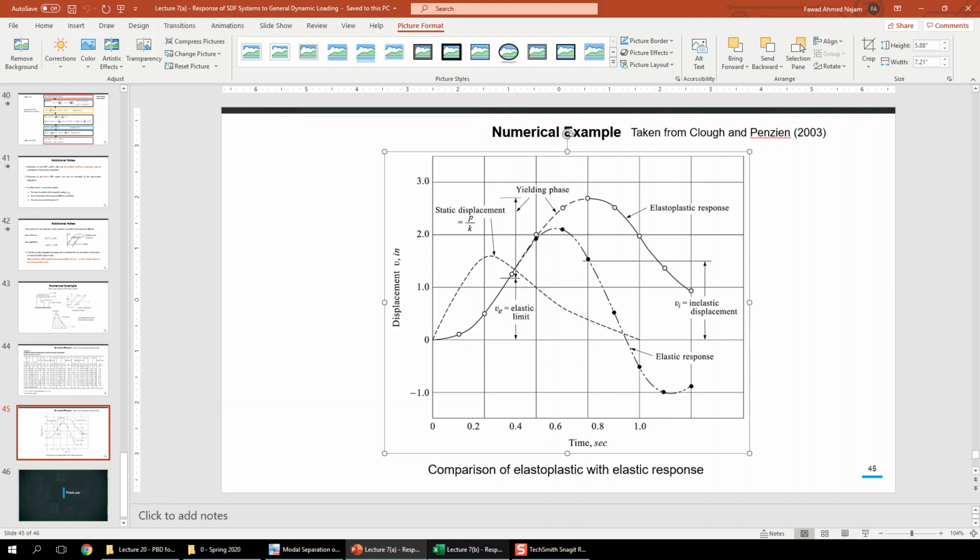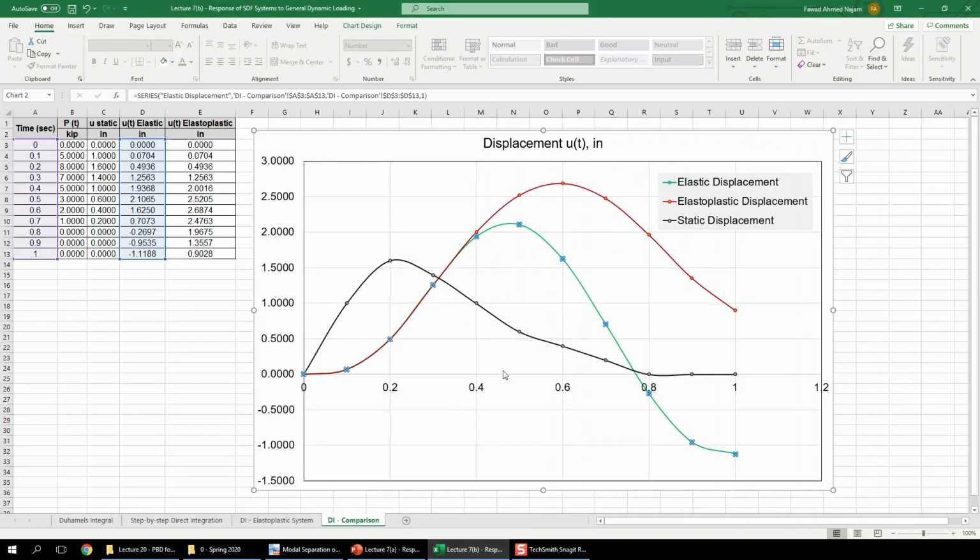So also in our solution you can see that before 1.2 displacement, which is somewhere here, both of the structures have exactly the same behavior, but after yielding both structures will have different displacement. The elastic structure will not yield and will follow this green line, but the elastoplastic structure will yield and will follow this red line.